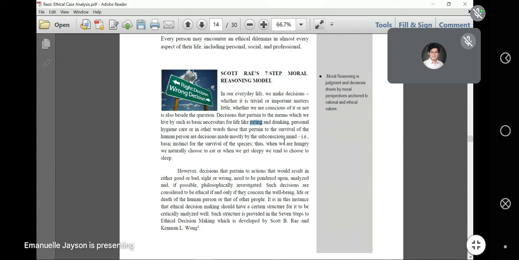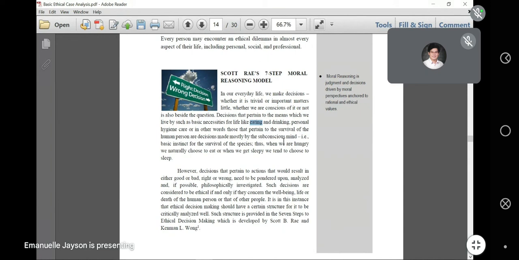So kung ikaw nagugutom at may lumantad sa'yo sa harap mo, wala kang pera, you have, for example, the free way to steal such a food, would you do it? I think na nabigay ko na ng example before, no, sa introductory lecture.